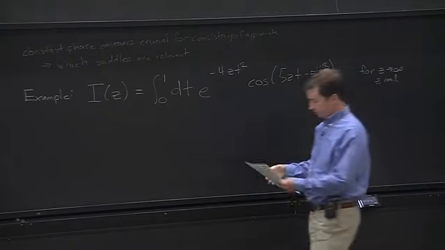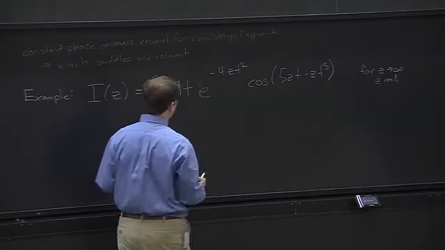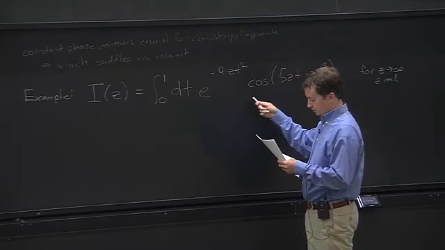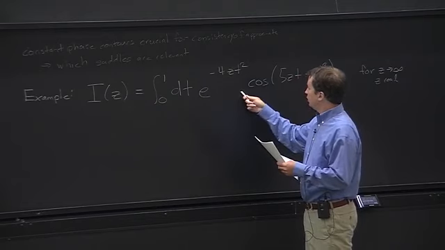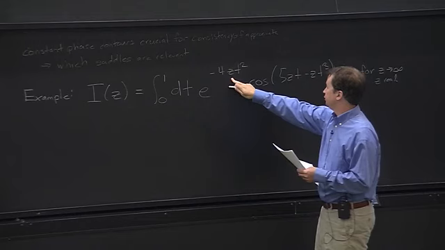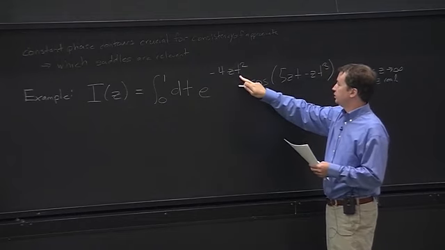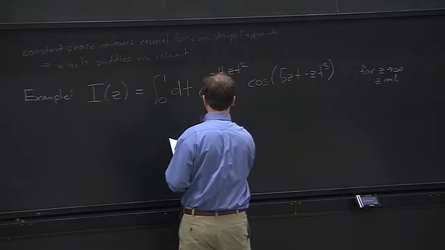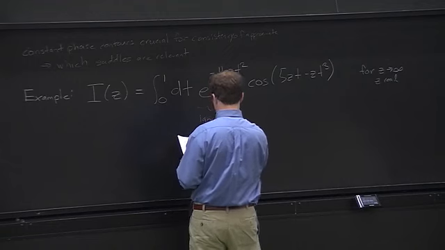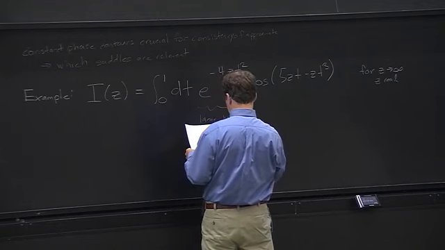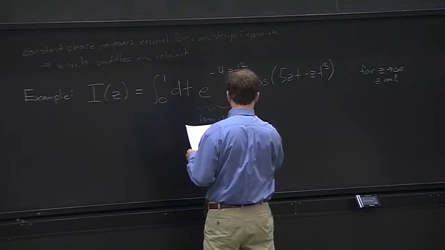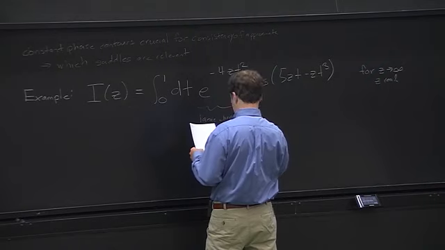And that's because this exponent is large, so this part is large, when t is smaller than or about 1 over z.